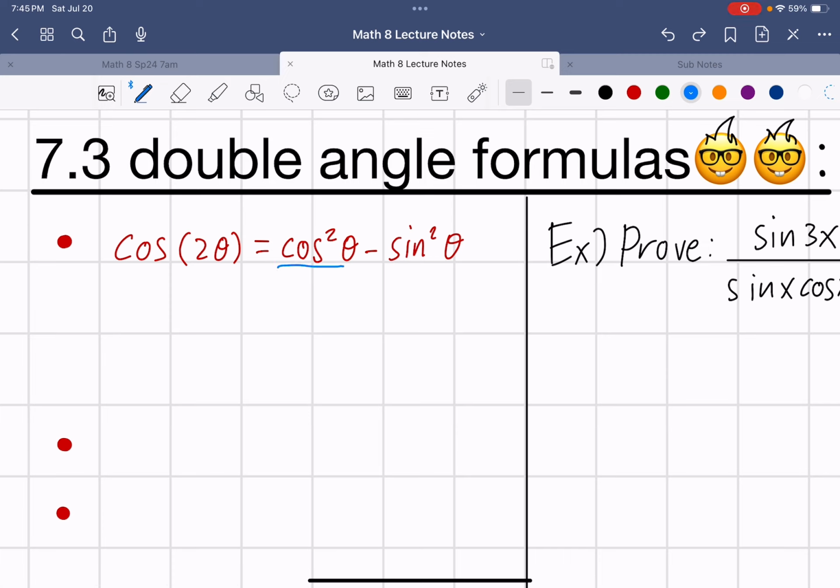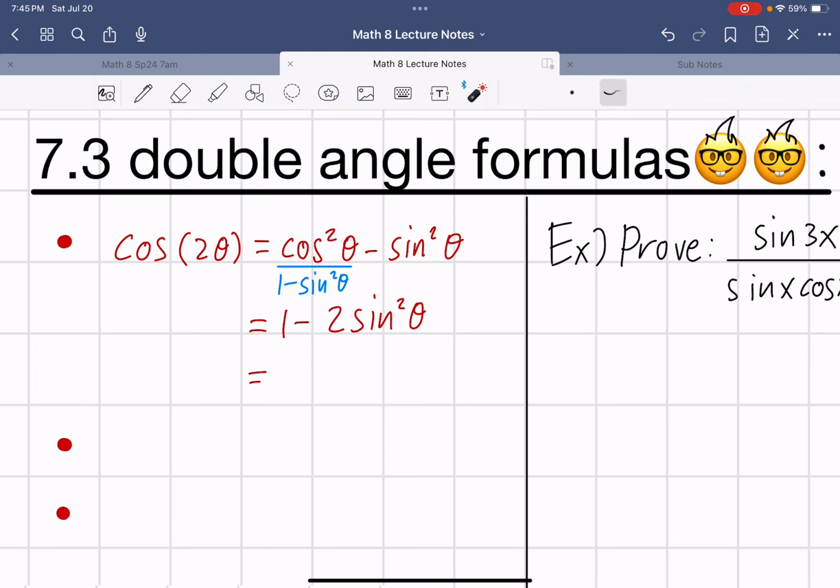And to continue with the theme of manipulating identities, be careful, this is not cosine squared plus sine squared equals 1. This is minus, so it's slightly different. But that doesn't mean I can't manipulate cosine squared to be 1 minus sine squared theta, which will give me a second version of this identity, which would be 1 minus 2 sine squared theta.